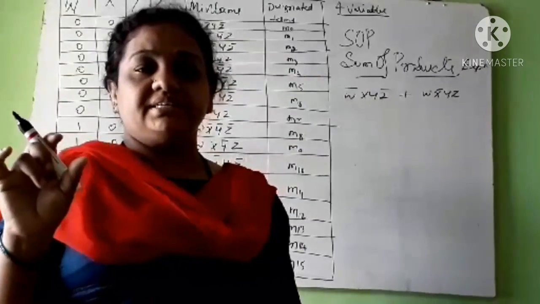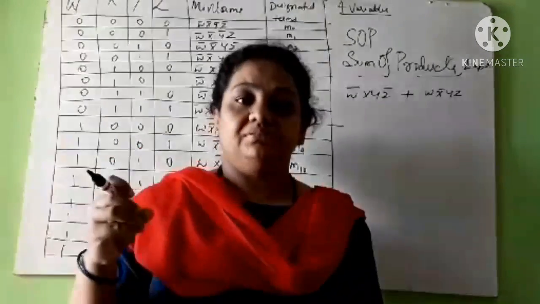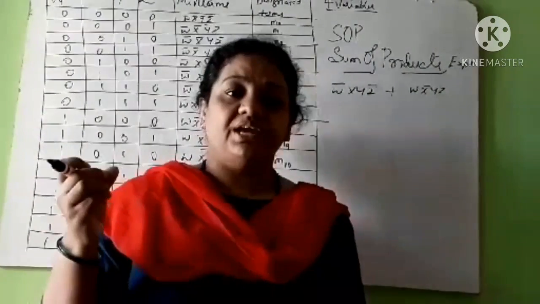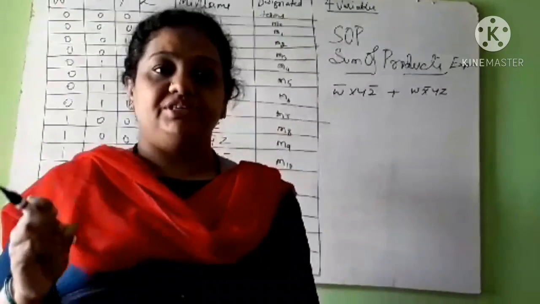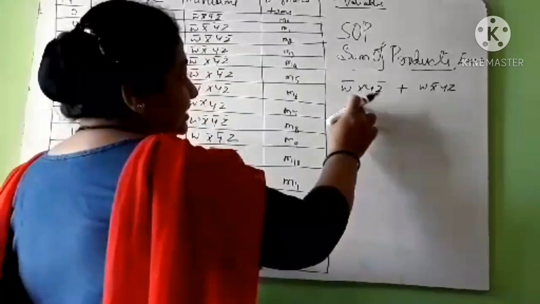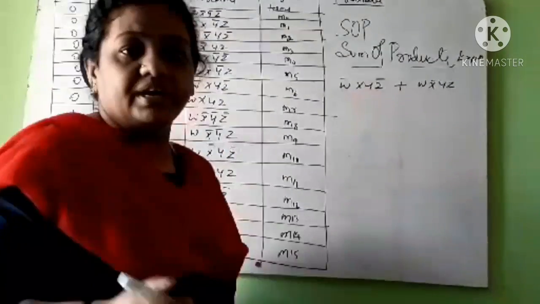How do we get a SOP expression? A combination of minterms forms a SOP expression. Fine everybody? Here you can see one example I have taken. This is a SOP expression.